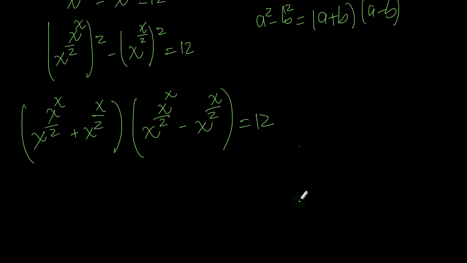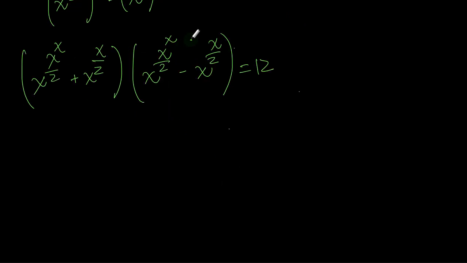Now, if x is positive and greater than 0, by observing this product, we have that this one is going to be greater than this one. If we want this expression to be positive, this greater than 0, then this one has to be greater than 0 as well.